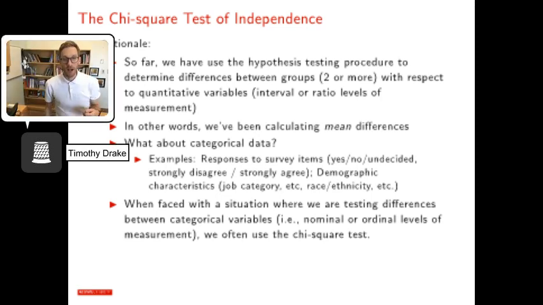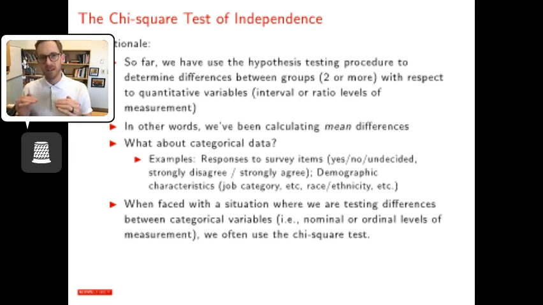Okay, so I highlighted this a little earlier, but so far we've been using this hypothesis testing procedure to determine differences between groups, and we define groups differently, how many and how they are formed. But we've been basically calculating mean differences on quantitative variables. The question is, what do we do about categorical data? So what if we have responses to survey items, Likert scales, or yes, no, undecided?